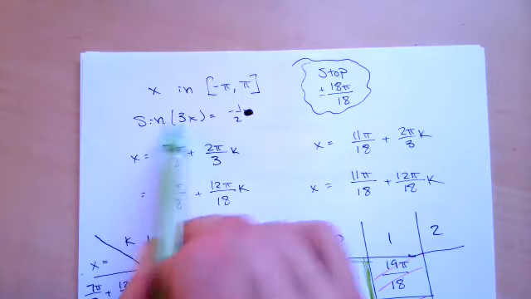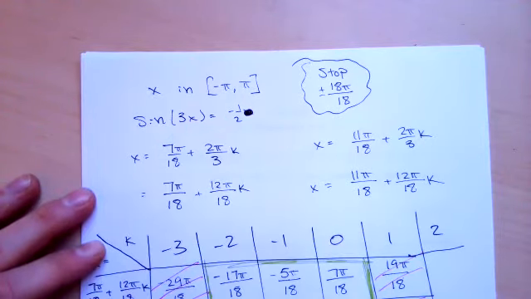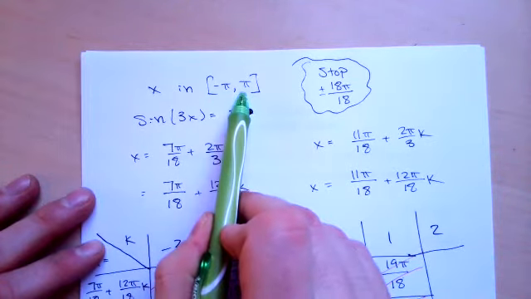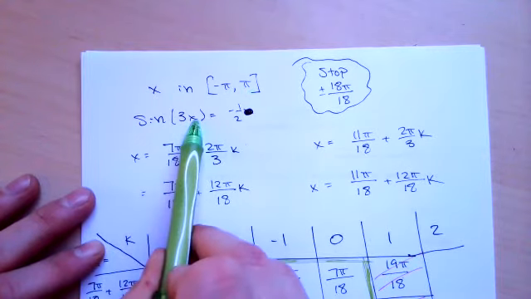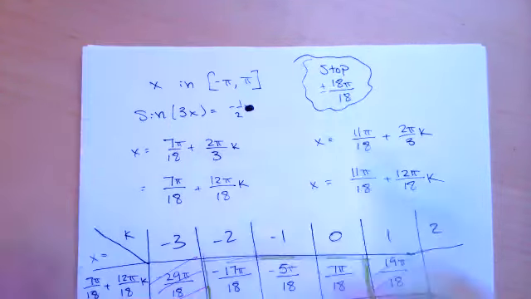So for sine of 3x equals negative 1/2, we should expect 6 solutions within a given period of 2 pi. If it were sine of 4x, we would have 8 solutions. 5x, 10 solutions, as long as that range is a distance of 2 pi.